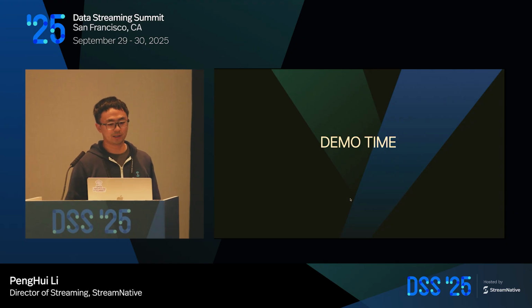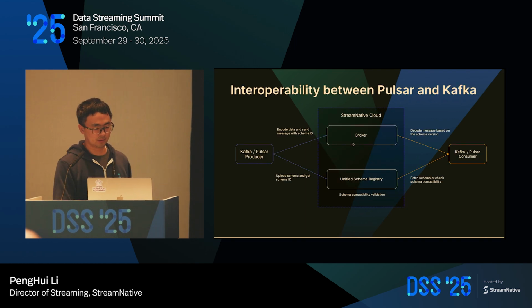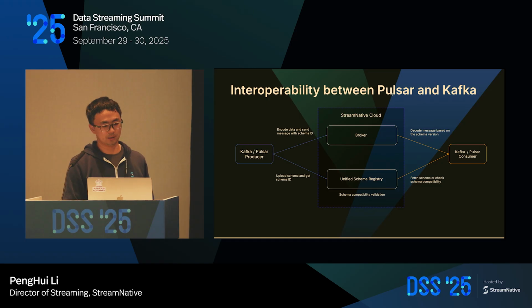So we tried to do something, I mean, it's not generally available, but we tried to check if this can work in this case. We built this demo with only a few code changes on the client side, to support connecting between different clients, Pulsar and Kafka clients.